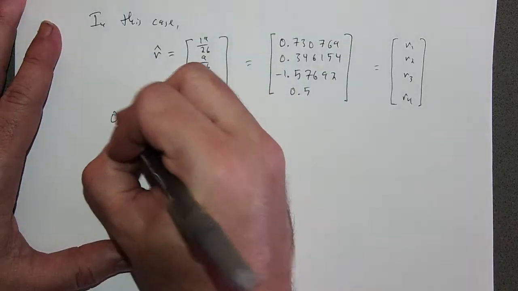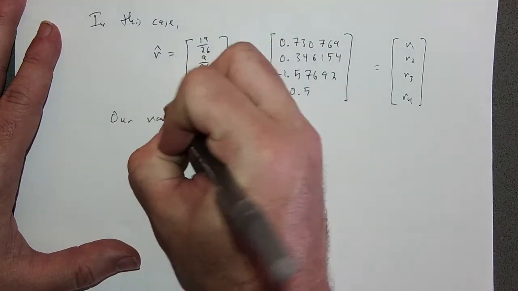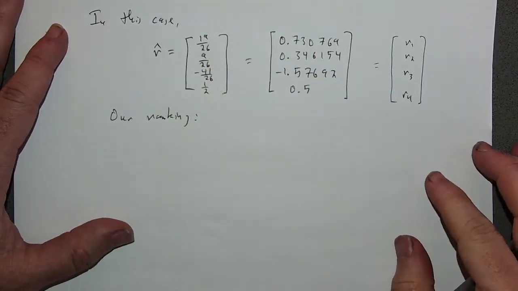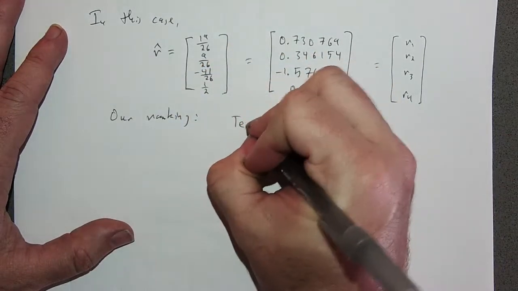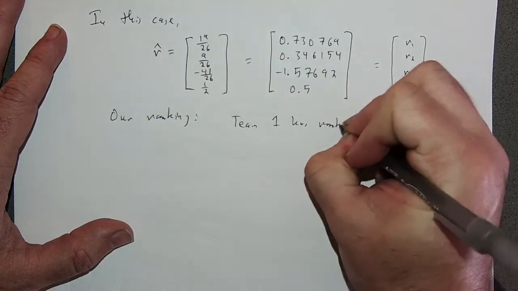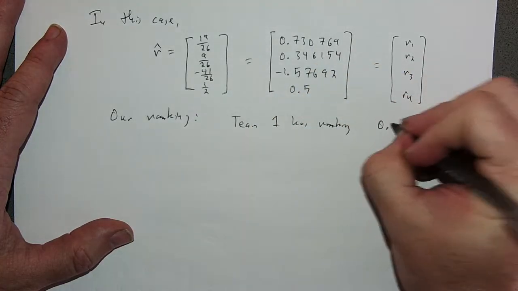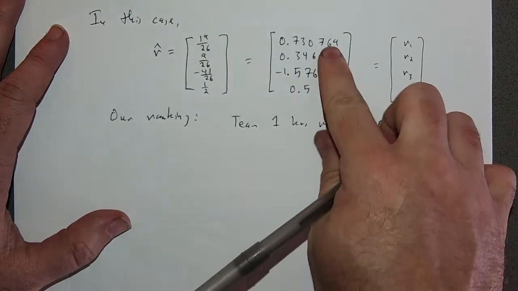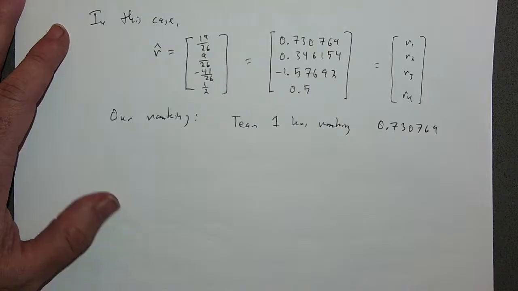So team 1 has ranking 0.730769. That's the largest of these numbers.